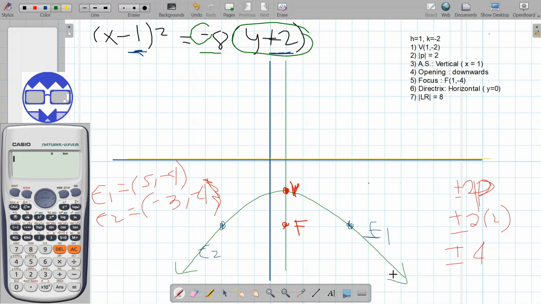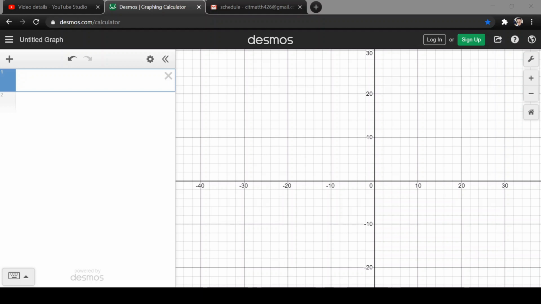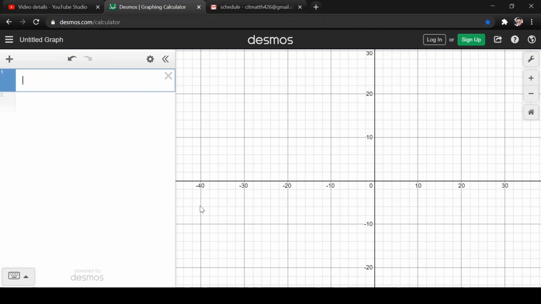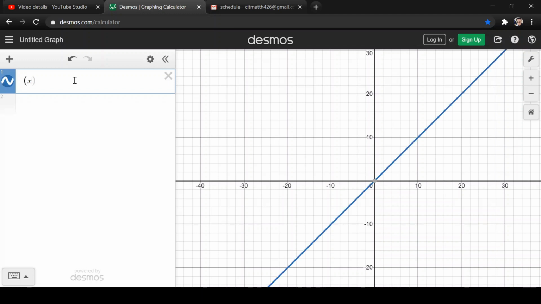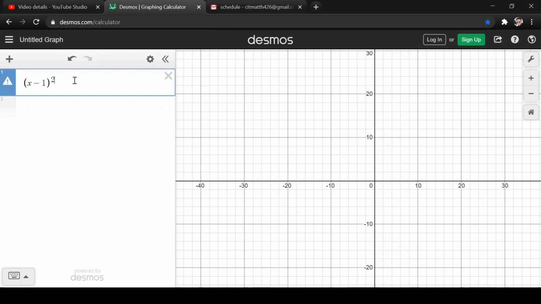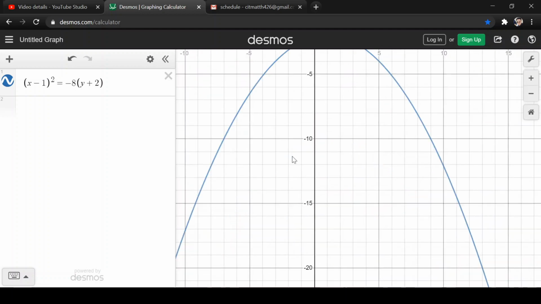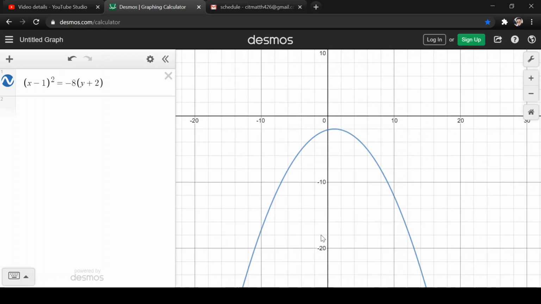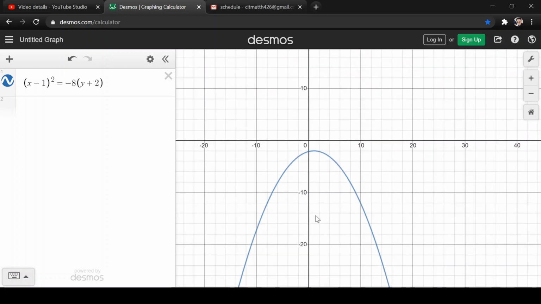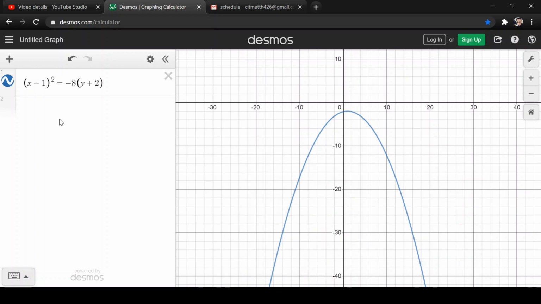Let's check in our graphing calculator how it will look. Let's type (x minus 1) raised to the power of 2 equals negative 8 times (y plus 2). It's actually the same, but this is much more accurate compared to our rough sketch. So let's verify.